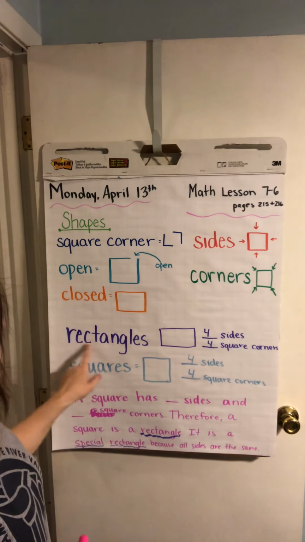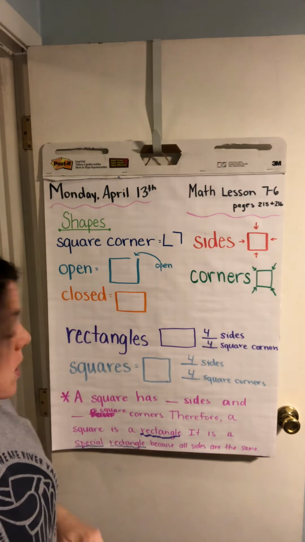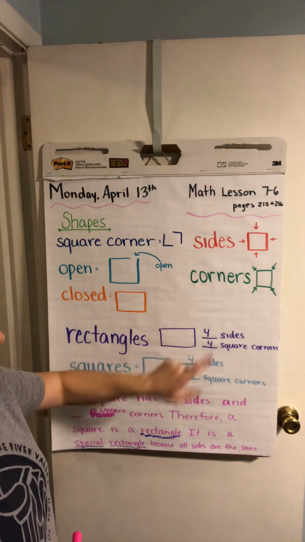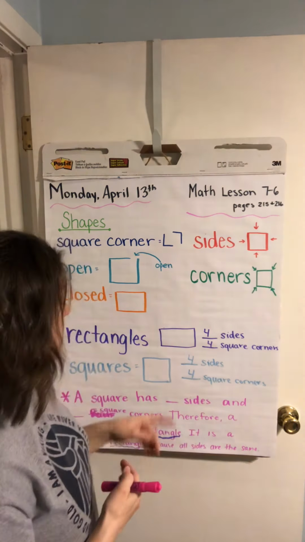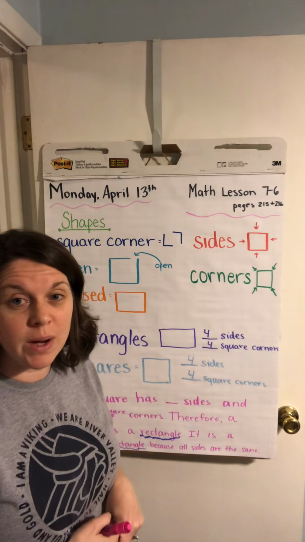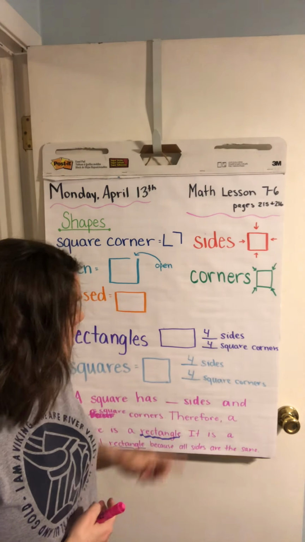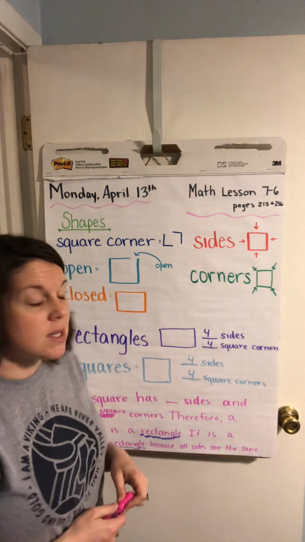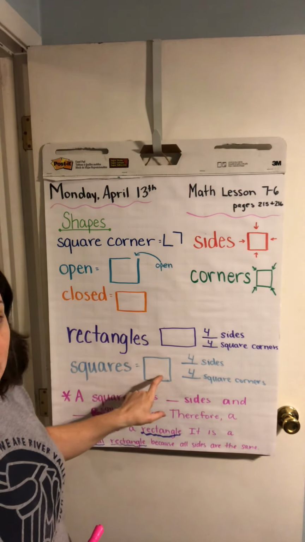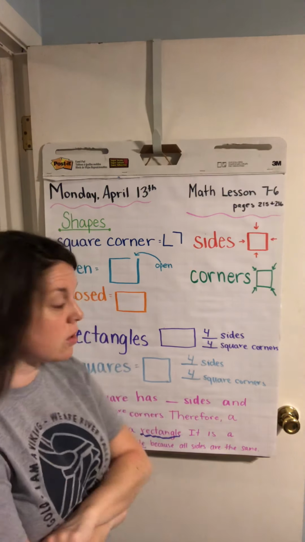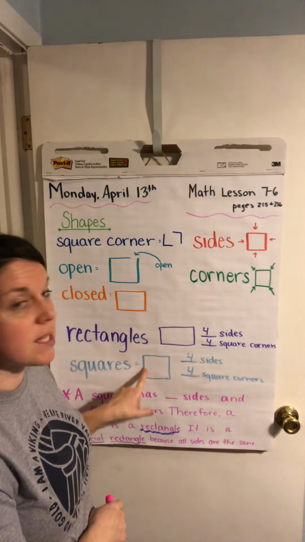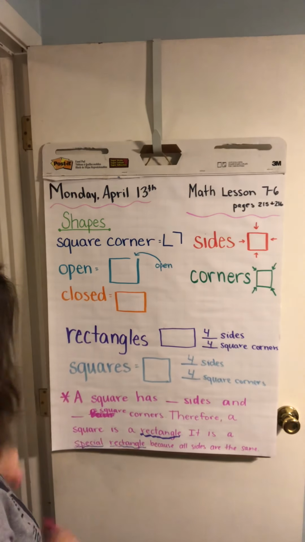Okay, because when we described a rectangle, we said that it has to have 4 sides and 4 square corners. That makes a rectangle. Well, if you come down to square, what makes a square? 4 sides and 4 square corners. So that means that a square is a rectangle, but it is a special rectangle because all 4 sides are the same. Okay, so I wrote that here.